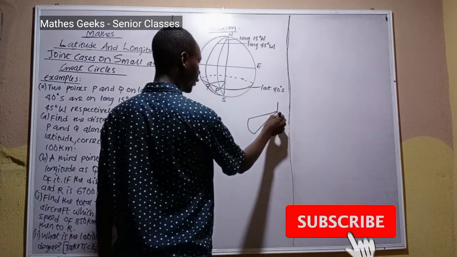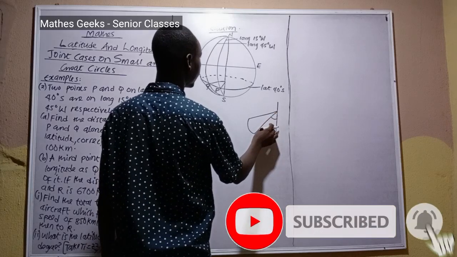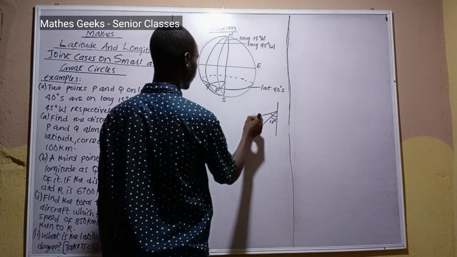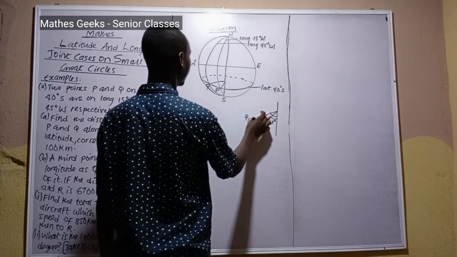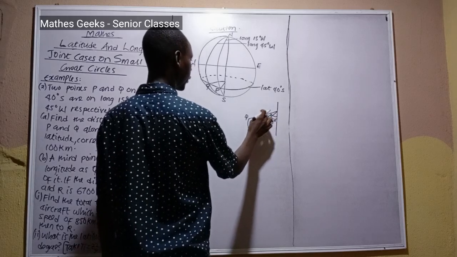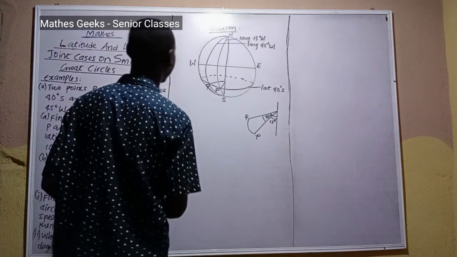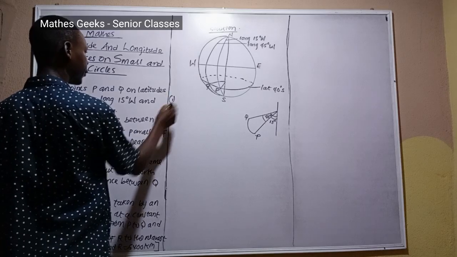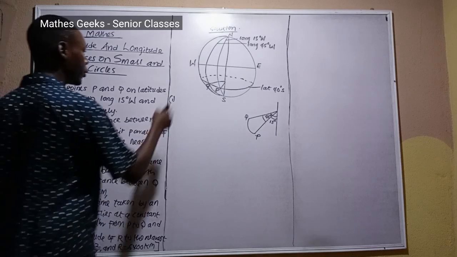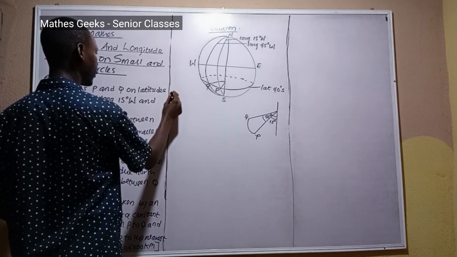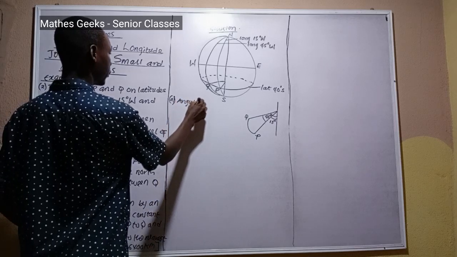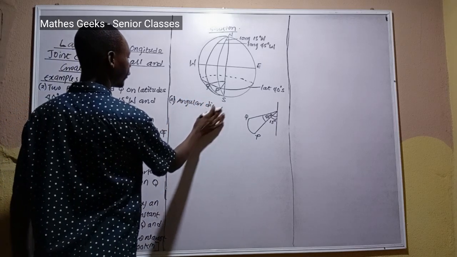Find the distance between P and Q along the parallel of latitude. First, the angular distance, the angular difference.